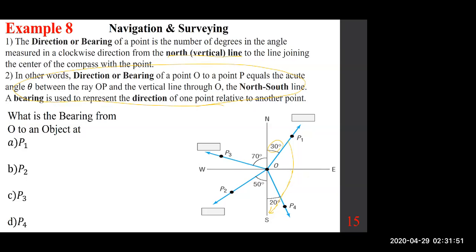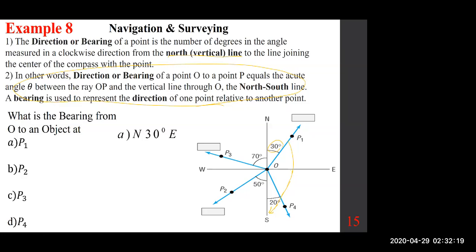If it's on the right side, it is considered east. If it's on the left side, it is considered west. Is that making sense to everybody? So for P1, we write north, we write 30 degrees, and it's on the right side, we write E for east. Does that make sense to everybody?